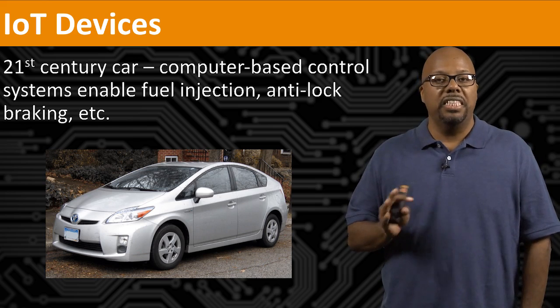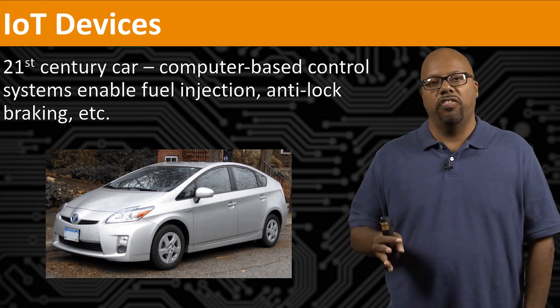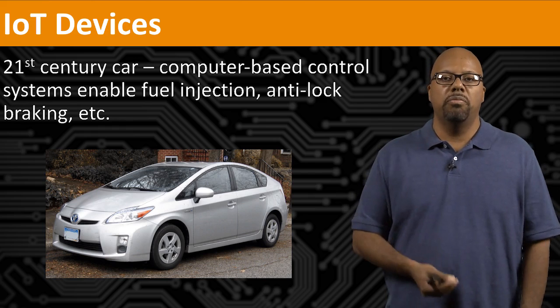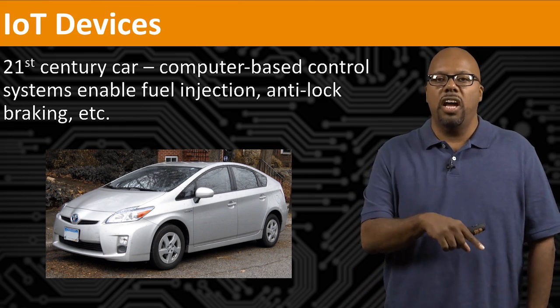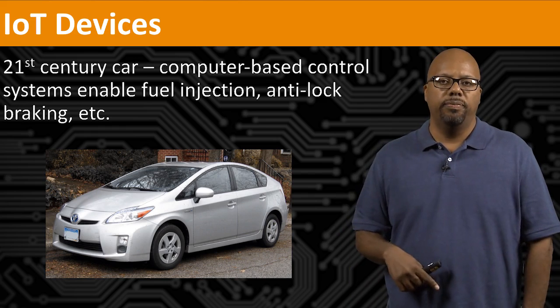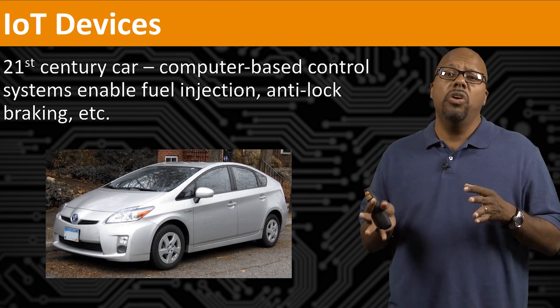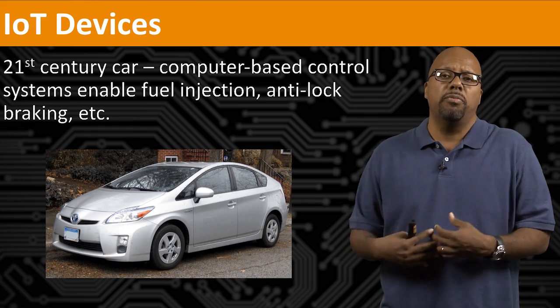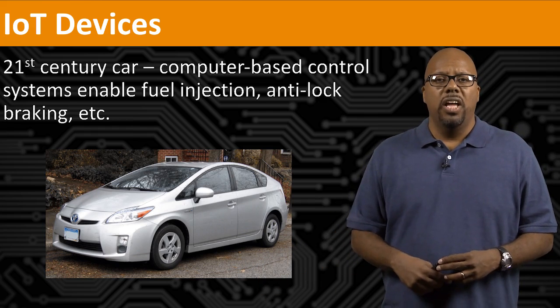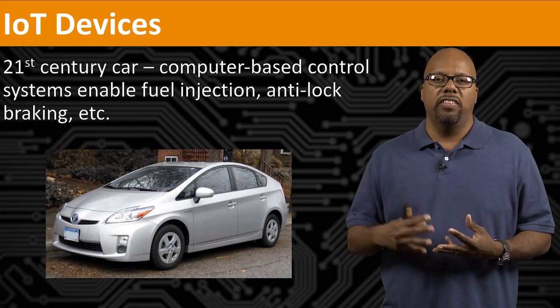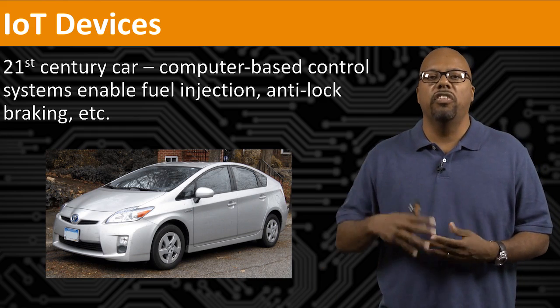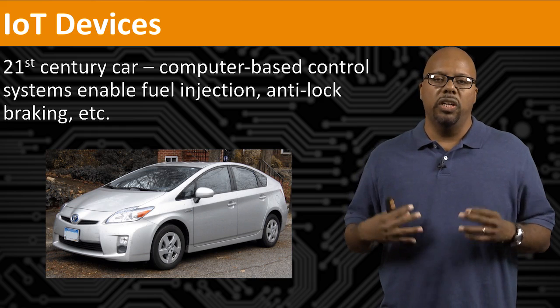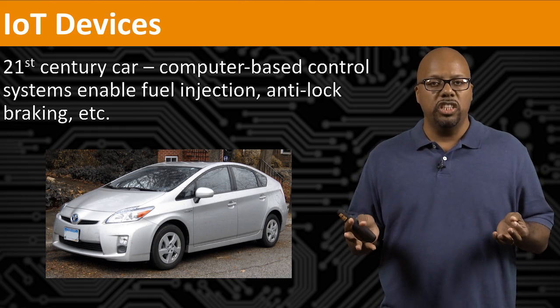But besides that, it has the same steering wheel, gas pedal, brake. So you could train somebody to drive on the 50s car and they could drive this new car, even though this new car is enhanced with all this computational intelligence. So that's the thing about IoT devices. They have a very simple interface. They want to be easy to use. They want to give you the benefit of this computational intelligence.